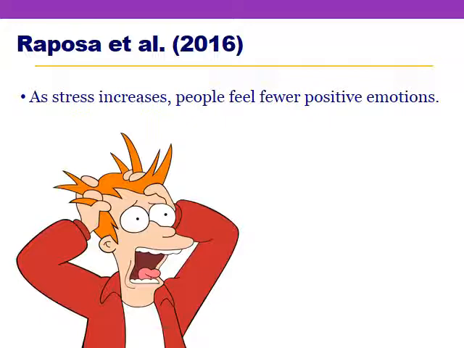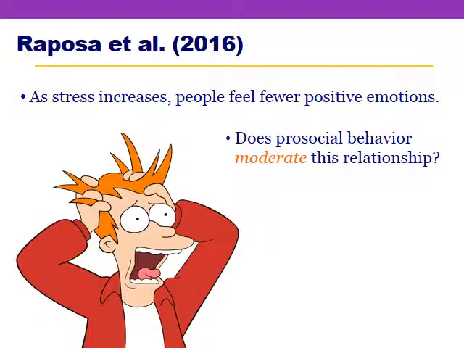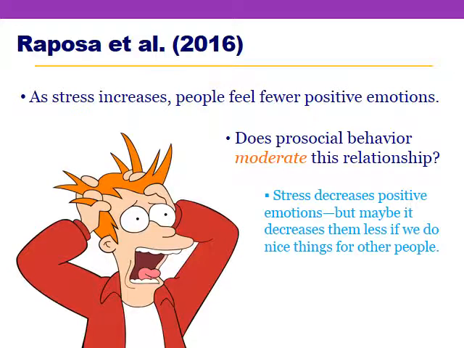However, this study set out to examine whether engaging in pro-social behavior, meaning doing nice things for other people, moderates this relationship. So their prediction was that yes, there would be a relationship between stress and happiness, but that relationship would be weaker or maybe even non-existent for people who engage in a lot of pro-social behavior.